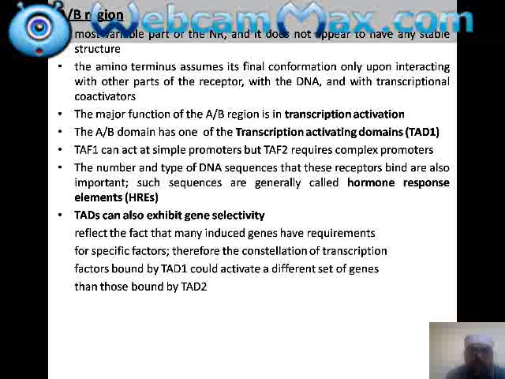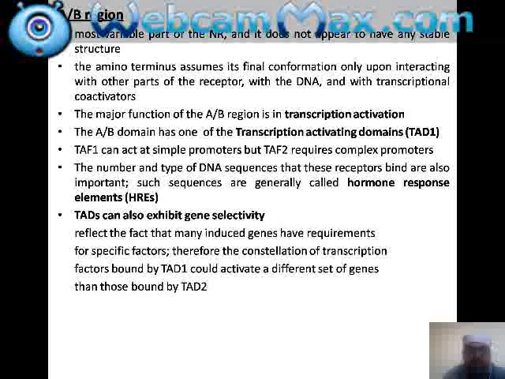The final configuration of the AB domain is achieved only when it interacts with the other parts of the receptor, with the DNA, or with the transcription coactivator. Now the major function of the AB region is transcription activation. In exams, such as the NET examination, the functionality of the domain and its associated function is directly asked.